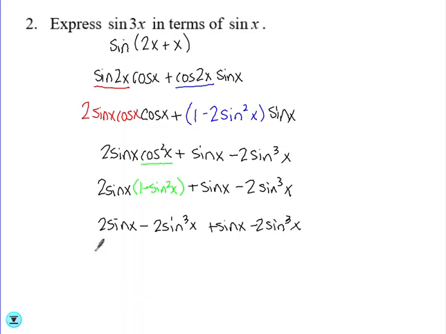Now I can just combine my like terms. 2 sine of x plus sine of x is 3 sine of x. And negative 2 sine cubed of x minus 2 sine cubed of x is negative 4 sine cubed of x. So now all I need to know is sine of x, and then I can find sine of 3x. So I'm done.